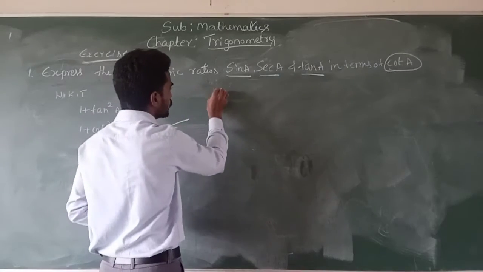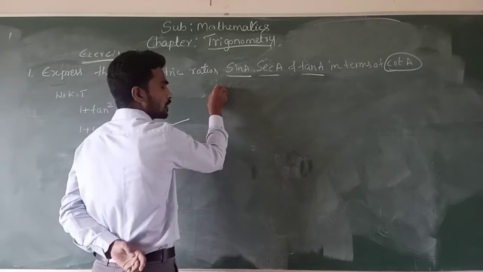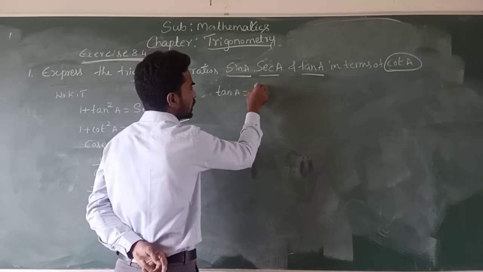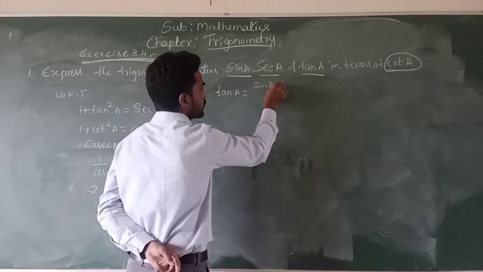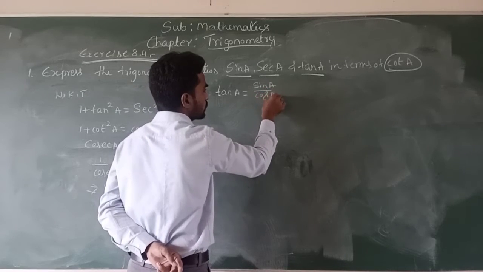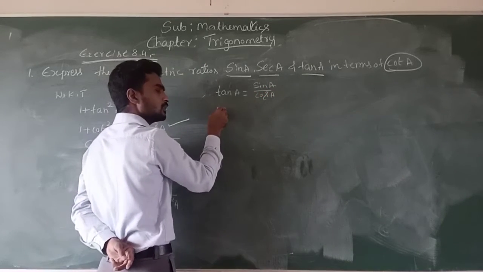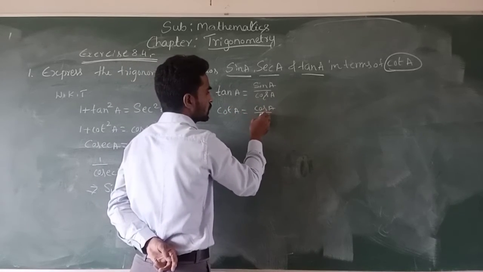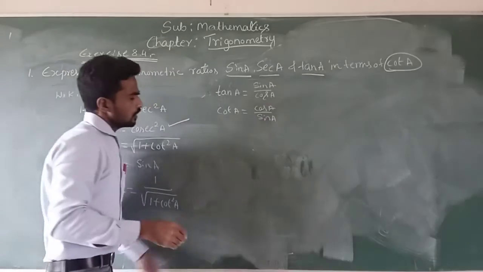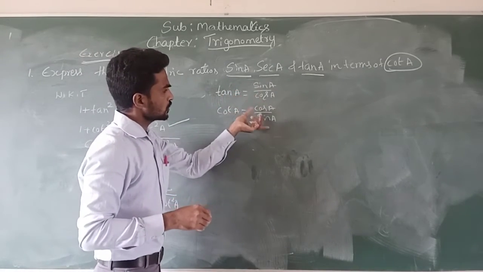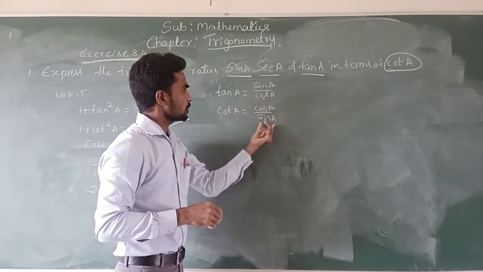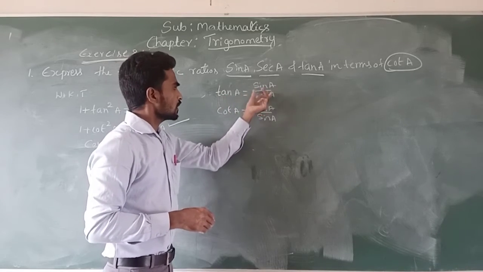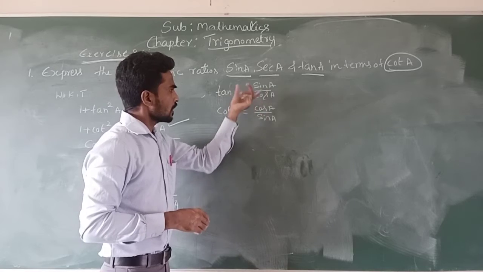And also we know that tan A is equal to sin A divided by cos A, and cot A is equal to cos A divided by sin A. Observe these two ratios: both are reciprocals of one another.